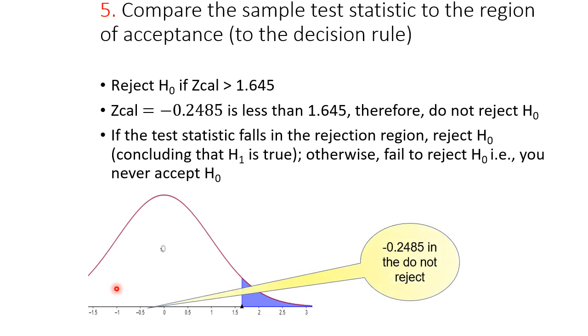So as I have just alluded to earlier, minus 0.2485 is found in the do not reject area. We will never say accept H0. It's either you are rejecting H0 or you are failing to reject H0.